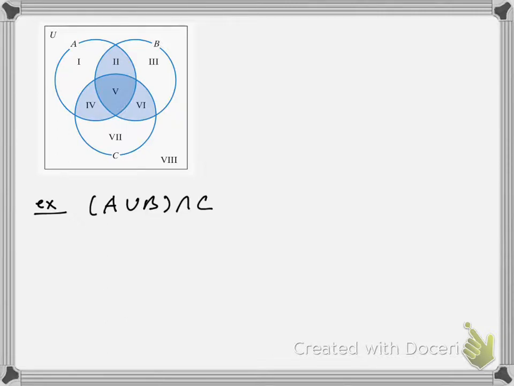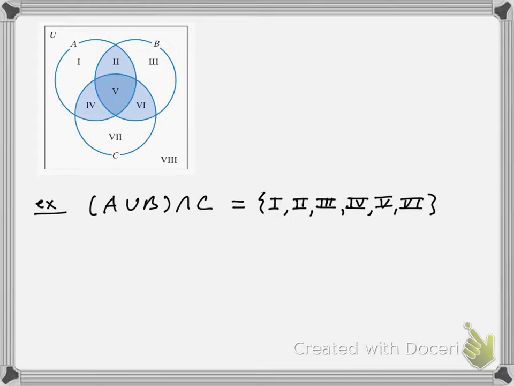Okay, so let's write this out for a second. We can just do some side work here. A union B would be regions 1, 2, 3, 4, 5, and 6.